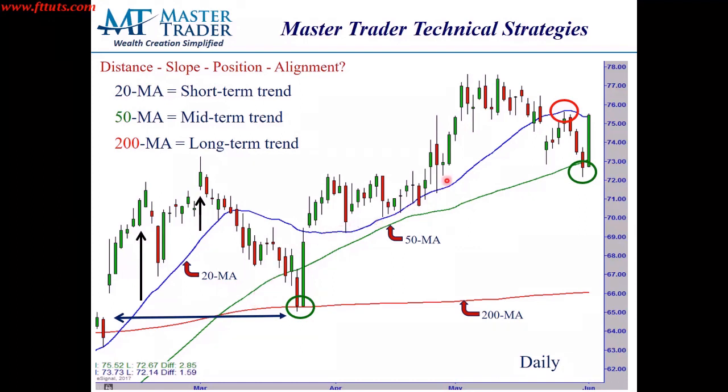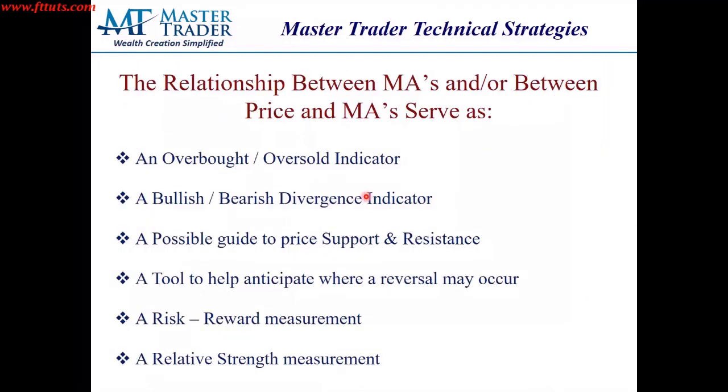Are all of our moving averages moving to the upside, which tells us that there's a strong trend? Or are all of our moving averages going sideways? Sideways whippy trend? Or are they all pointing to the downside? Strong downtrend. So the relationship between these moving averages, or between them and price, they tell us whether prices are overbought or oversold.